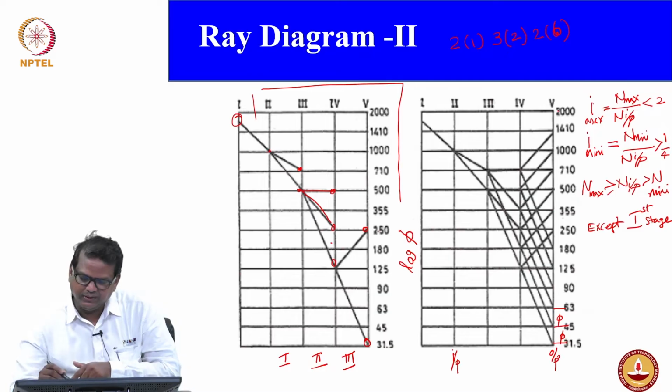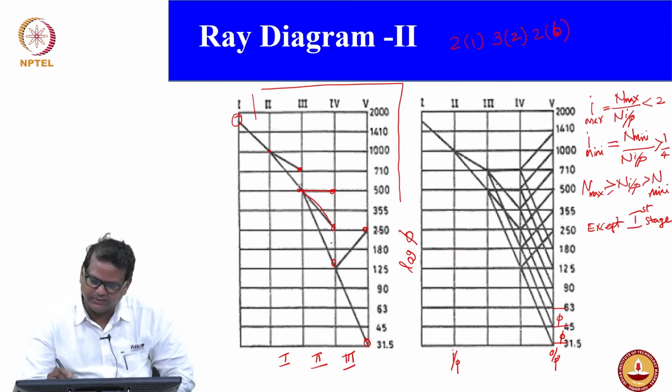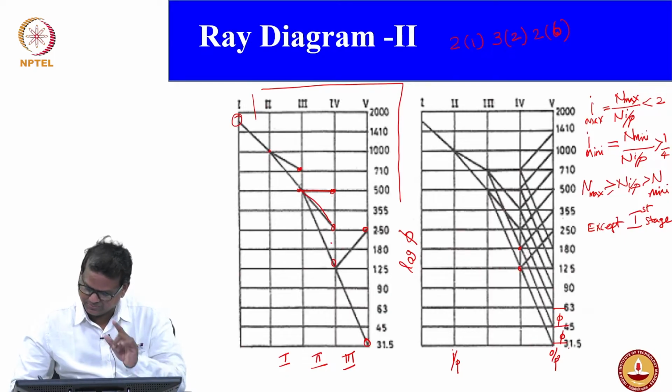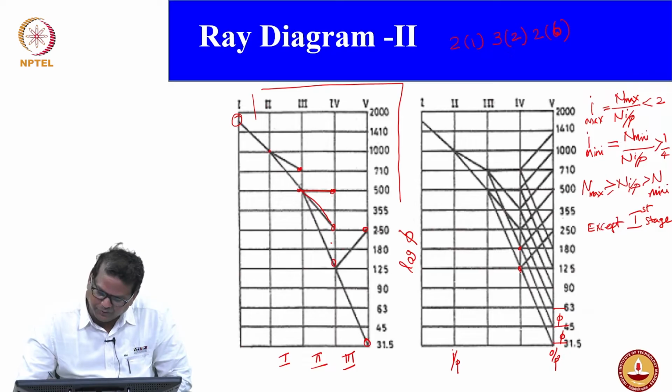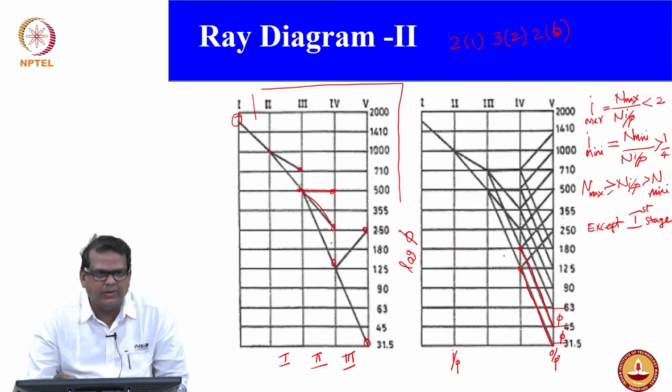Not only that, even if the lines are connected in parallel, look at this. I'll take you through one example. In this position and this position, 31.5 is the minimum speed, and if you draw the line parallelly, what is your observation? Do you think these adjacent speeds are maintaining the step ratio?